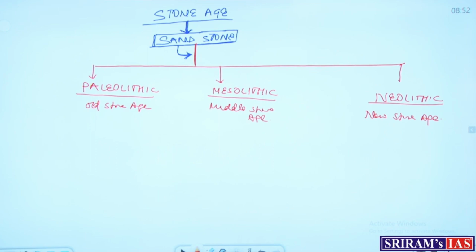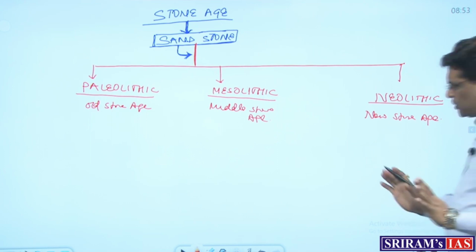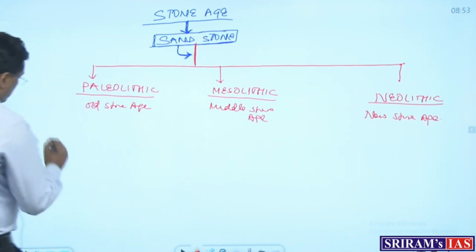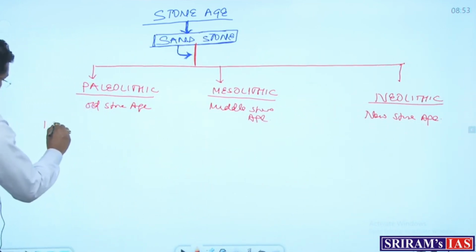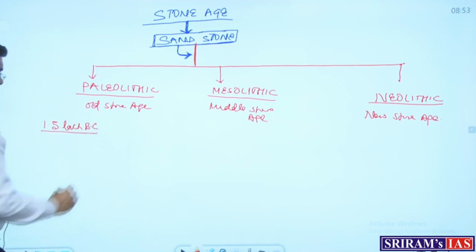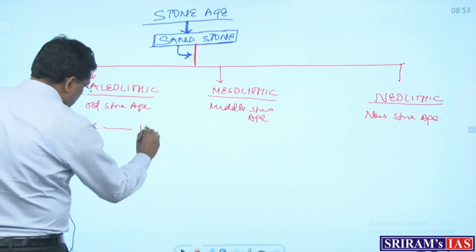In different books, there are different periods. So the most acceptable period is around 1.5 lakh BC to 10,000 BC.